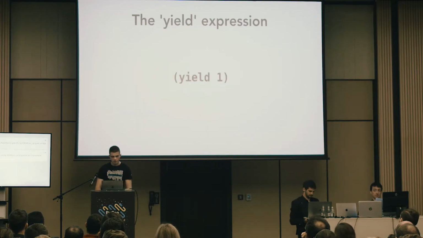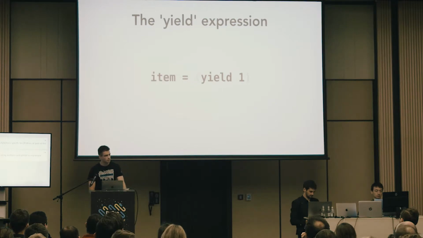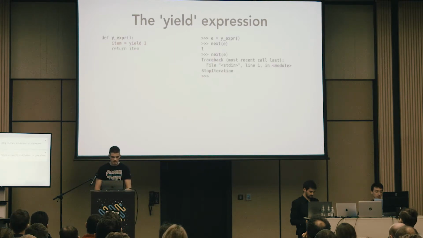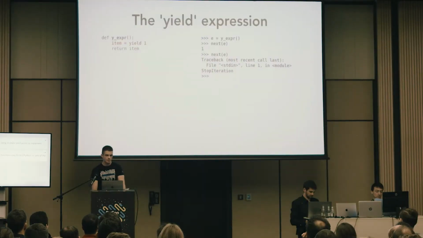So now more on the yield, because we're not done with the yield. Okay. The yield expression can actually be evaluated. If you start learning about this, it may not be this obvious, but if you do something like this, what's going to happen, right?